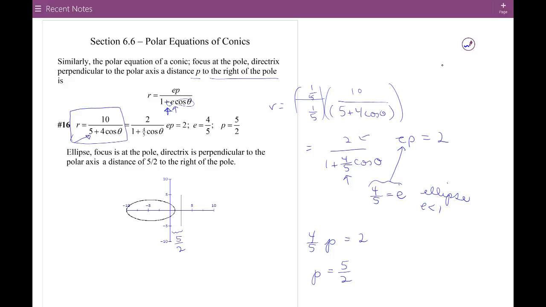This is the directrix. So you know it's an ellipse because of the e. Focus is at the pole. Directrix is perpendicular to the polar axis, 5/2 to the right.